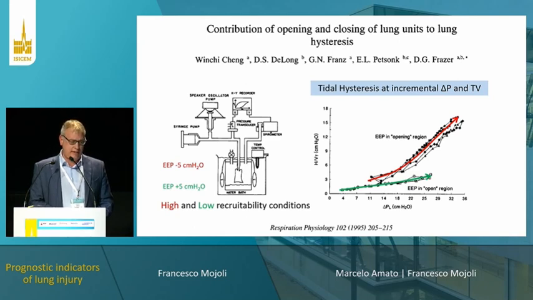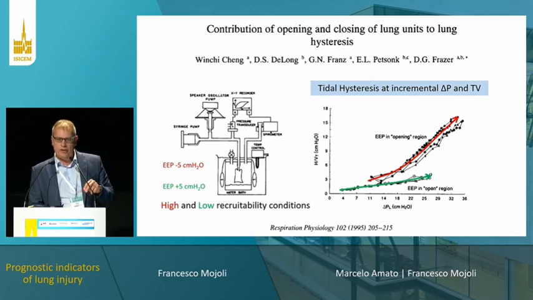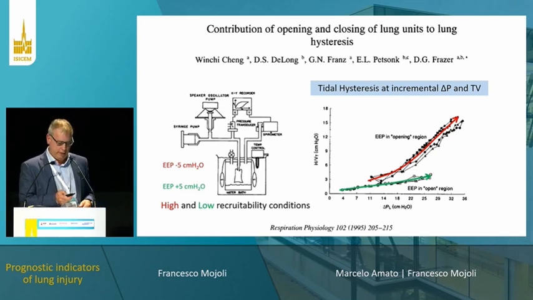this experimental study. They had a model of isolated lung, normal lung, but with two different conditions tested, a high and a low recruitability condition, that were imposed by keeping a negative versus a positive transpulmonary pressure during expiration. So with a negative transpulmonary pressure, that was the high recruitability condition, with a positive, the low recruitability condition.